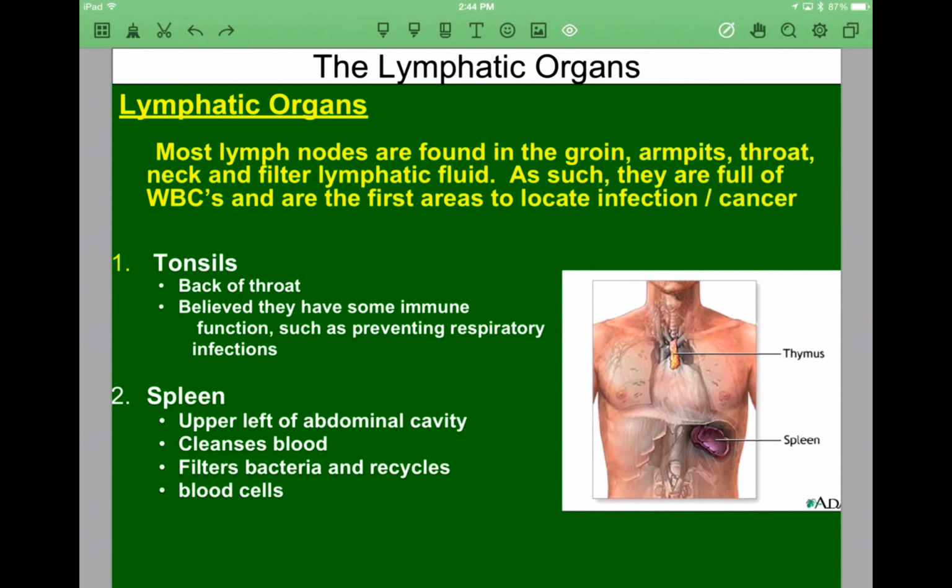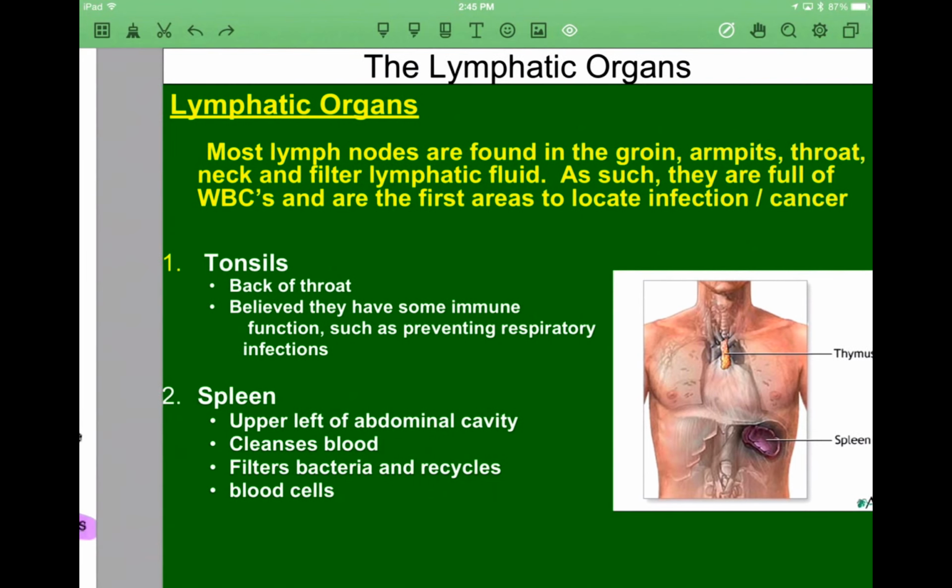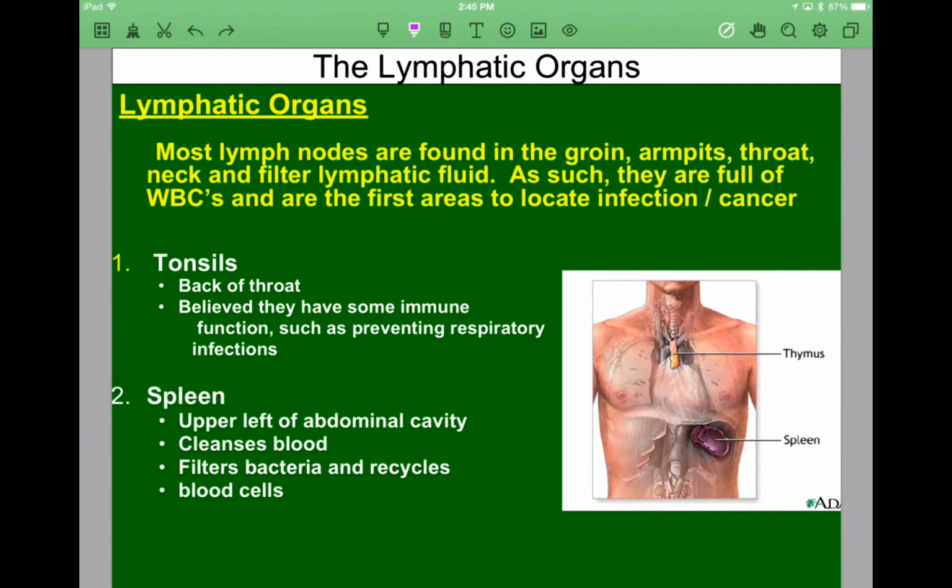Okay, so just a few informational items. The tonsils are catching a lot of the airborne pathogens that we could be encountering. So that's good, making our immune system aware of what's been coming in through the air.